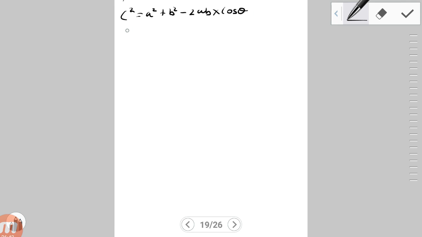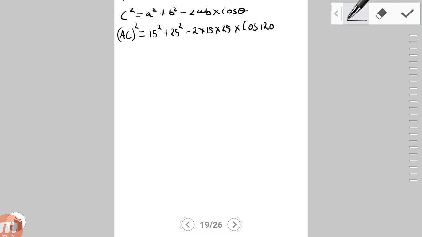So AC squared is going to be equal to 15 squared plus 25 squared minus 2 times 15 times 25 multiplied by the cosine of the angle, which we had calculated geometrically to be 120 degrees.